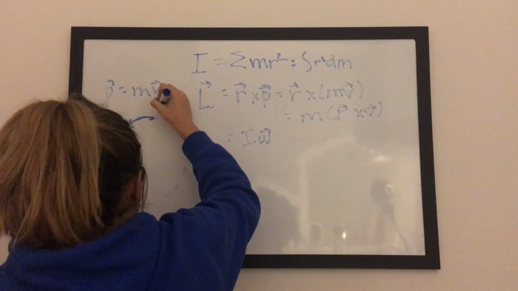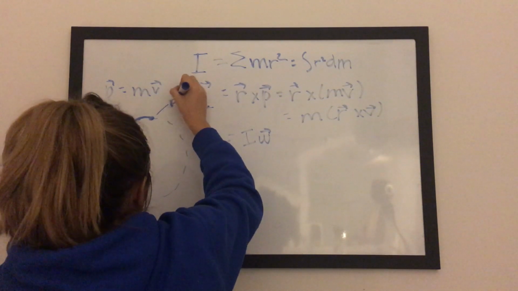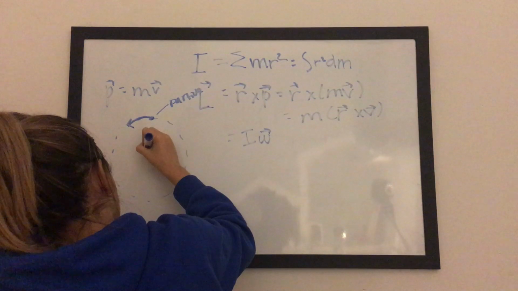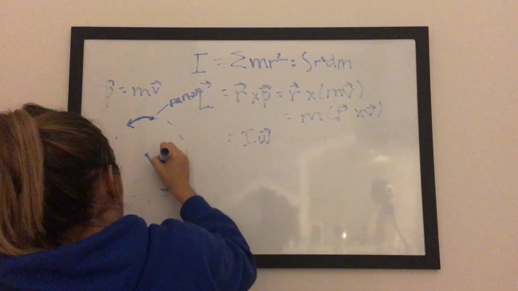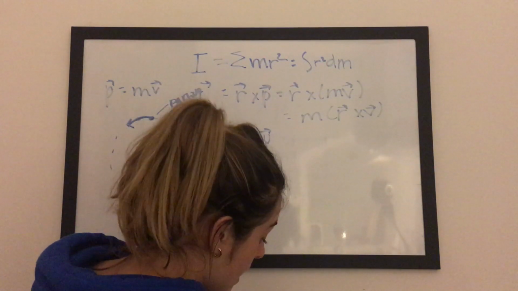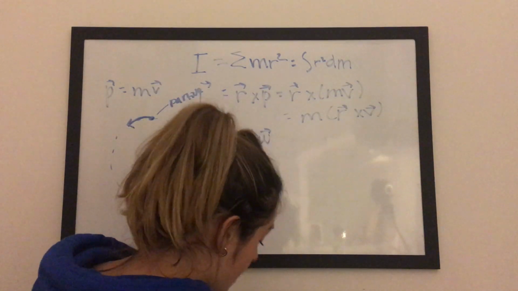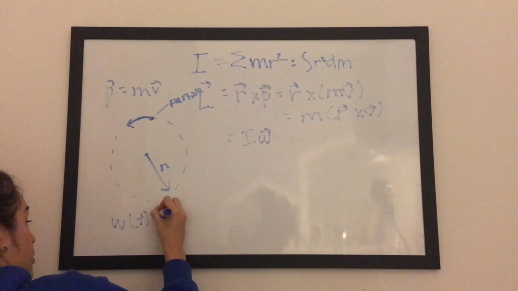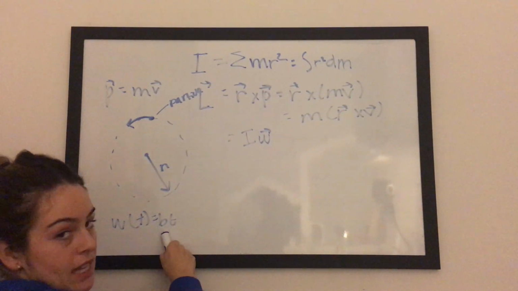I'm going to go ahead and label this. This is particle. And then we've got our circle with radius r. And we are also given that the angular velocity is equal to bt, where b is a constant.